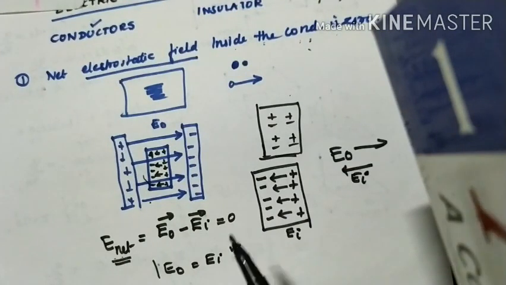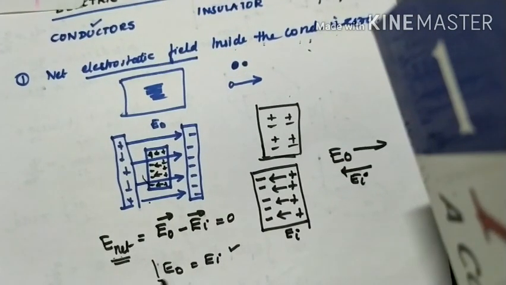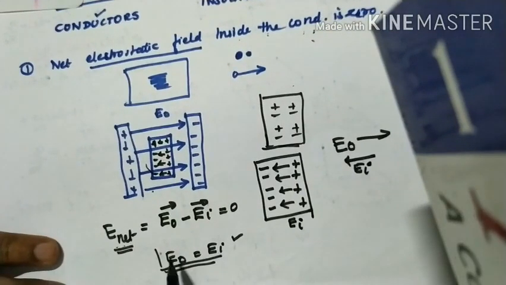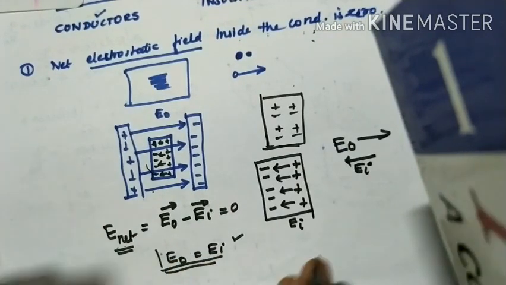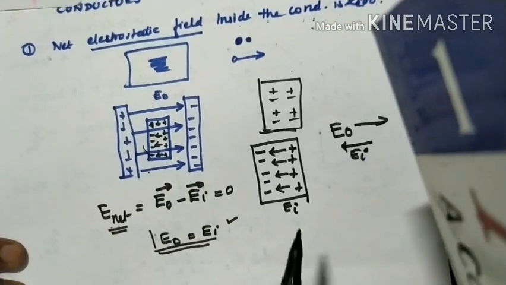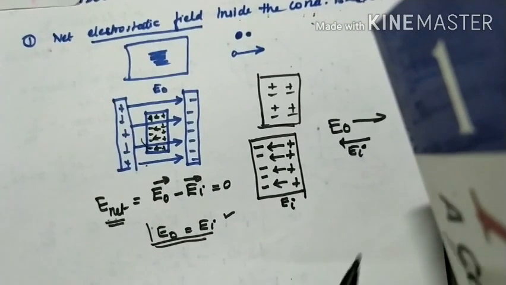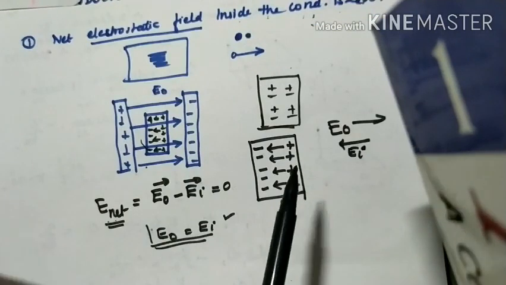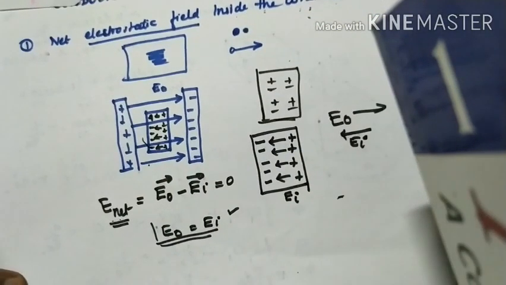Now, this has to be achieved, okay? And for achieving that, the electrons continue to move in one direction and the protons continue in another direction. Then only is the electrostatic equilibrium achieved. Every conductor tries to come into electrostatic equilibrium. Clear?